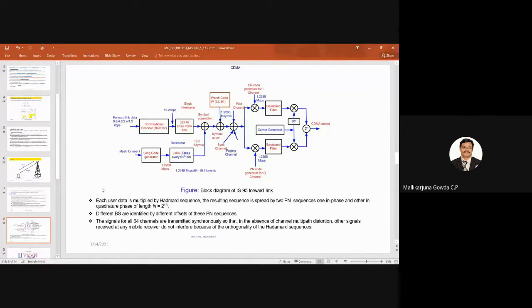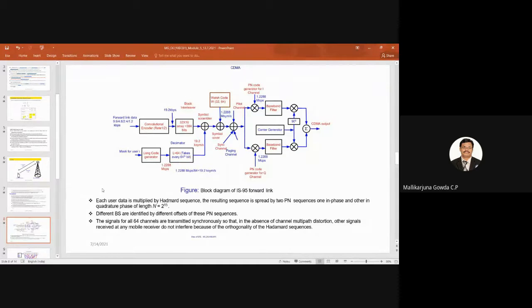Okay. PCM you have studied, no? I have only taught it. I think you cannot say no. PCM I have taught. At least you are aware of that. Yes, sir. Yeah, it is basically an analog to digital converter, right? PCM is how we convert an analog signal into a digital one. Like that, there are different voice coding techniques.